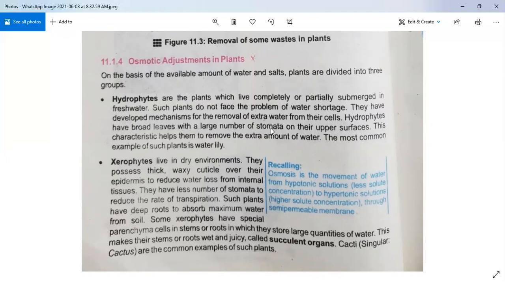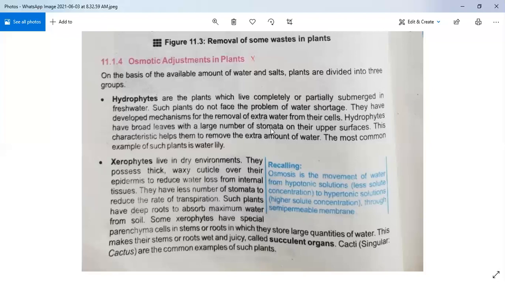Why do they need many stomata? Because they completely live in water, so all the time they are getting water and salts from the water. They have to maintain the amount of water in their body, so they need many stomata.